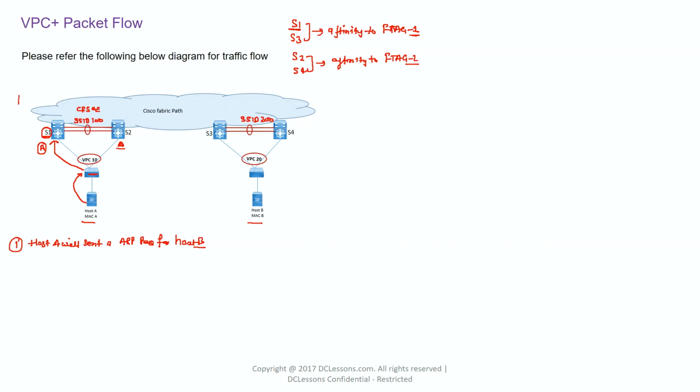So this is my original ARP request. This will be my outer source address, and this will be my outer destination address. So the source ID will be, let's suppose, 100.